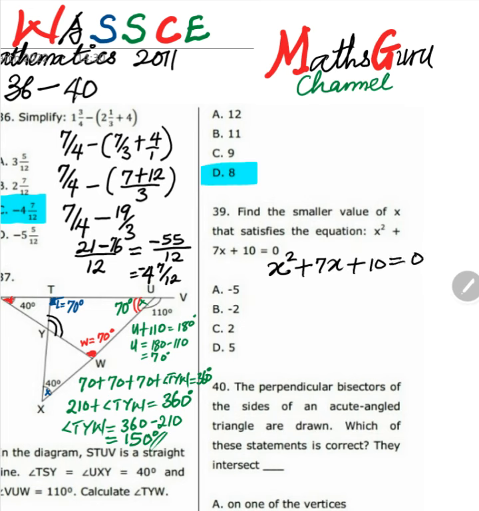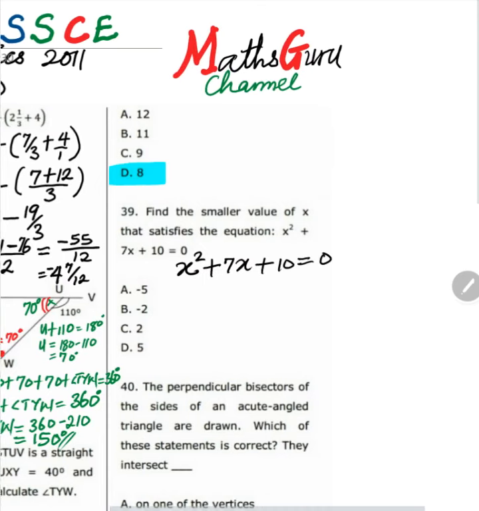What we simply do is we multiply the first term by the last term as done on that video, and then we look for two terms whose sum will give us 7x and whose product will give us 10x squared.